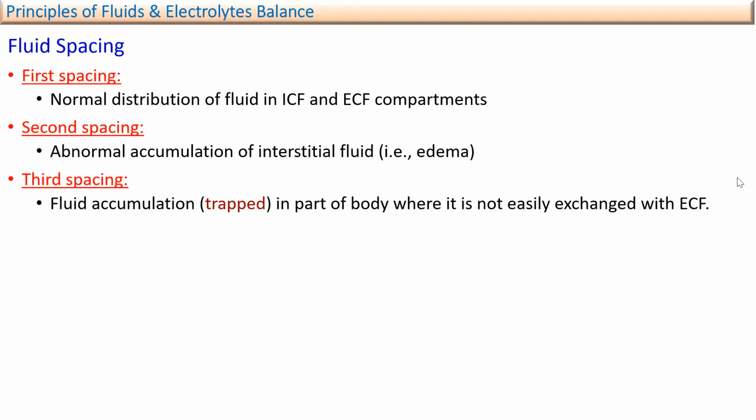An example would be ascites, which is accumulation of fluids in the peritoneal cavity. When the fluids accumulate in the peritoneal cavity as ascites, diuretics have a very minimal effect on the movement of the fluid out of the abdomen or the peritoneum.